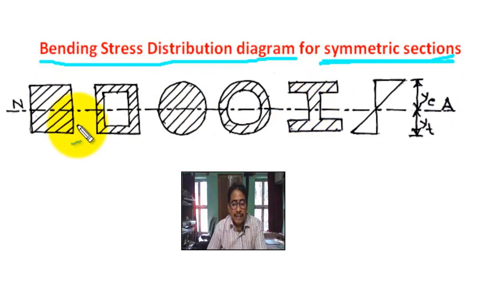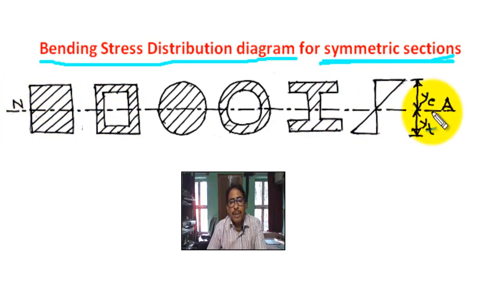This is the stress distribution diagram for a simply supported beam. Above NA is compressive stress, below NA is tensile stress. At the topmost layer there is maximum compression and at the bottommost layer maximum tension.